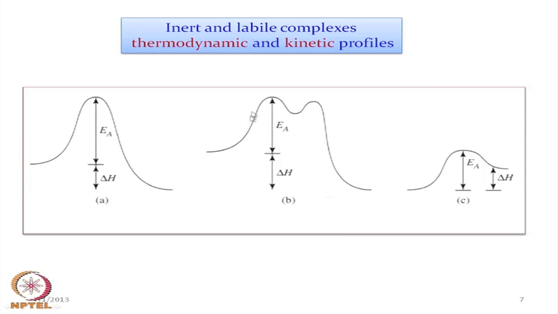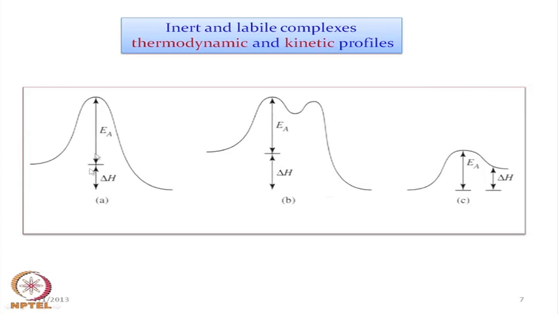This is the barrier that has to be crossed, and in some cases you have an intermediate and in other cases you do not. If it goes through the dissociative mechanism, the dissociated form, the 5 coordinated species, is the intermediate. But if it is the associative form, the 7 coordinated species would be the intermediate.